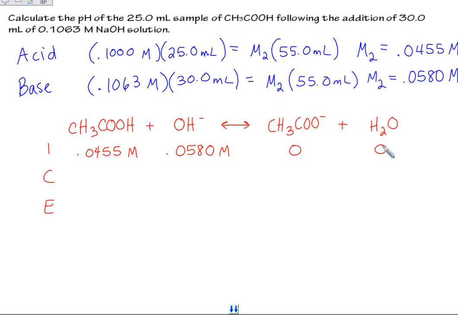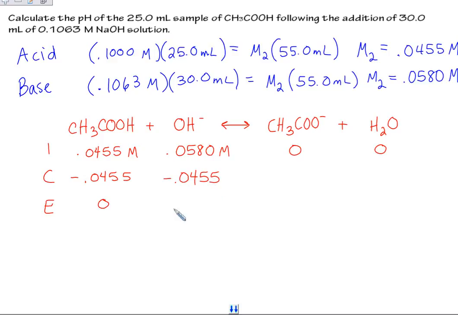Here's the limiting reactant portion of a titration calculation. We want to react these as completely as possible. So we're looking for whichever one's smaller. It's the weak acid. So let's bring this down to 0. And then we react everybody else accordingly. This is going down by 0.0455.